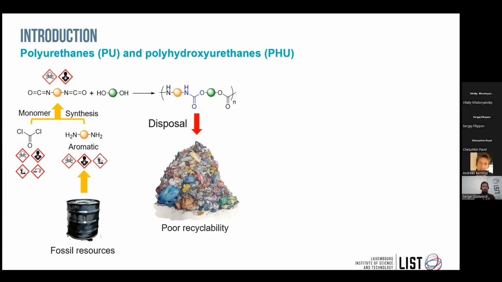And more than that, they are synthesized from really toxic starting compounds, aromatic diamines or polyamines and phosgene, and these aromatic amines are coming from fossil resources. One more disadvantage of polyurethanes is that they have poor recyclability. At the end of life, they are just disposed of and it's hard to recycle them.